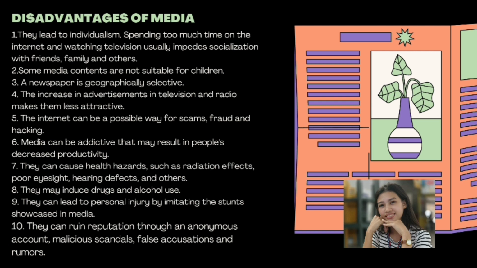Scammers trick people into giving personal information or money through fake emails and websites. Hackers use malware and other methods to steal data or cause problems. Fraud schemes like fake investments and identity theft take advantage of people's trust. To stay safe, it's important to be careful, use strong security practices, and stay aware of online threats.